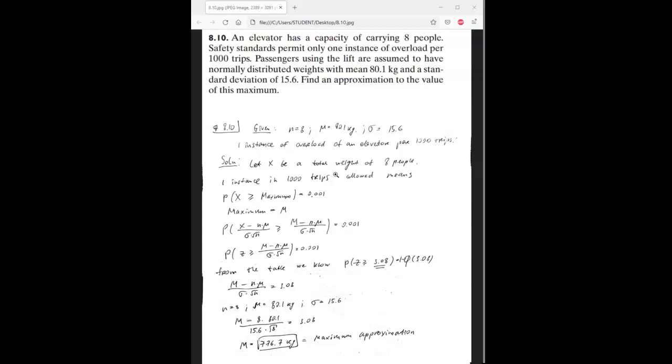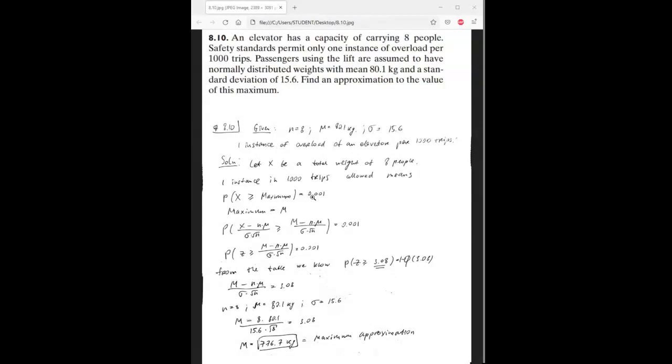Find an approximation to the value of this maximum. Let X be a total weight variable that represents the total weight of 8 people. One instance in 1,000 trips allowed means that the probability of X more than maximum weight equals 1/1,000.